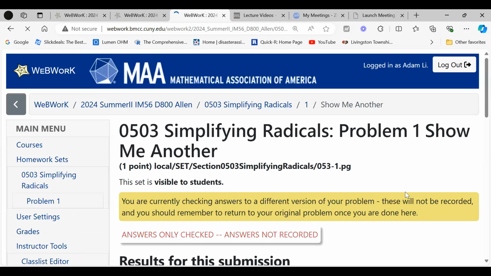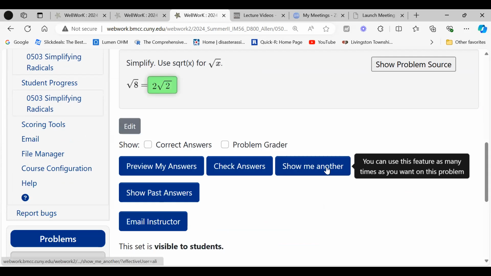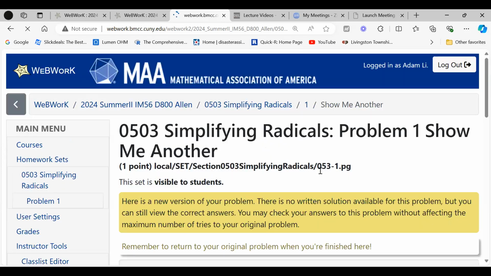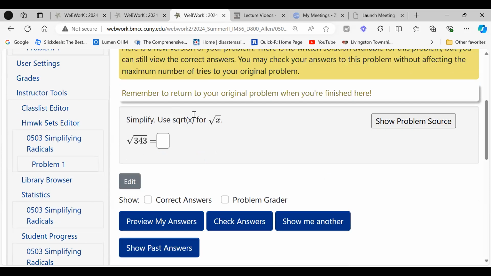All right, so that's how we simplify this. Maybe you try one of these. Try this one, 343.